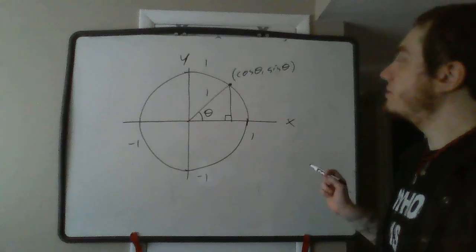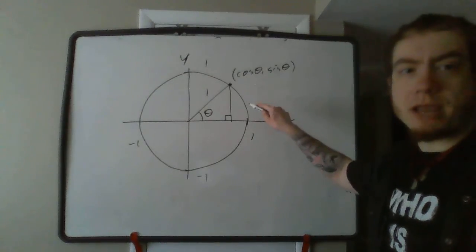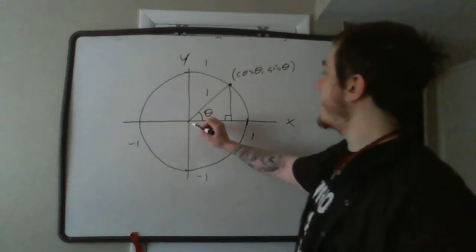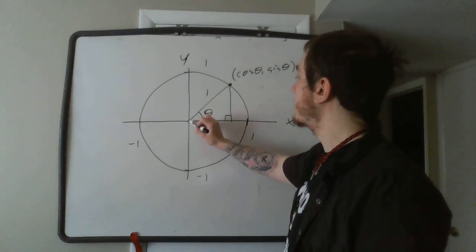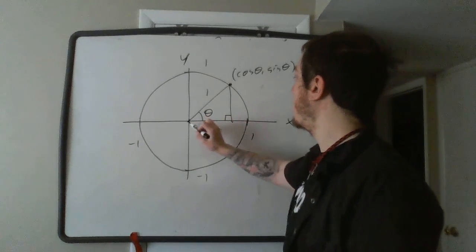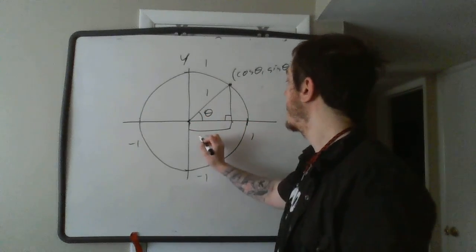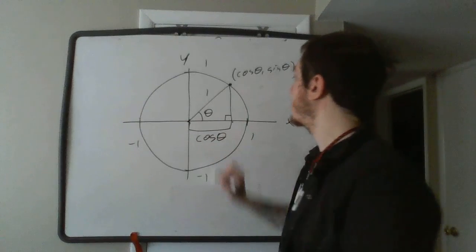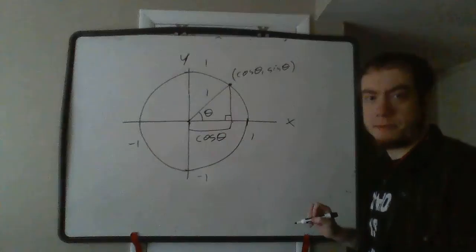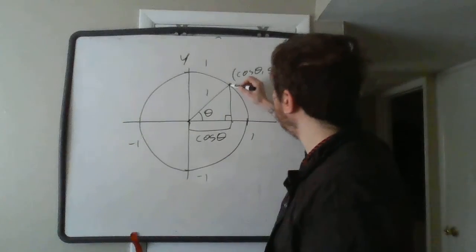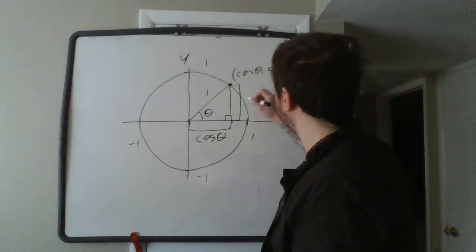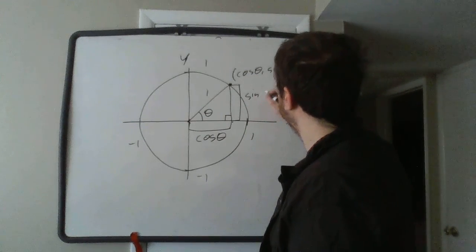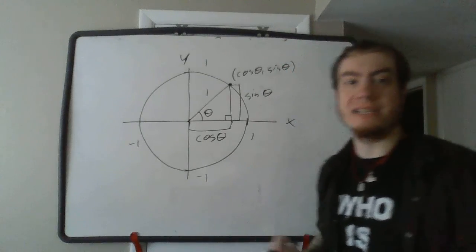Well, what that tells me about the dimensions of this triangle is the following. It tells me that if I start over here and I look at the length of this base, the length of this base is actually the cosine of theta. And if I look over here, the length of the height of this triangle is actually sine theta.